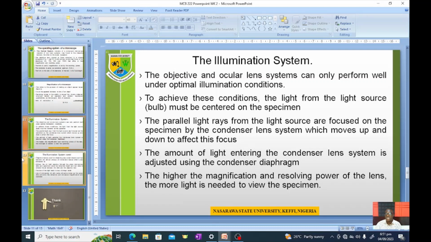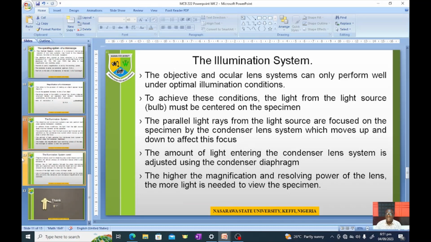To achieve these conditions, the light from the light source, which could be a bulb from a power supply, electricity, or sun rays, depending on the type of microscope, because some monocular microscopes use just a mirror which reflects the sun rays upward, which is viewed in the same manner, must be centered on the specimen. The rays so coming are made to hit the specimen under view.